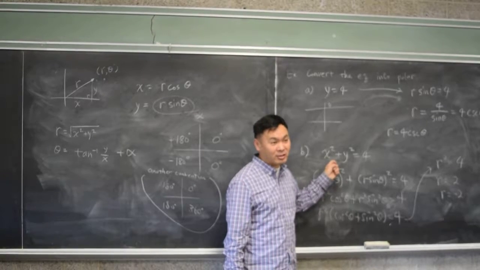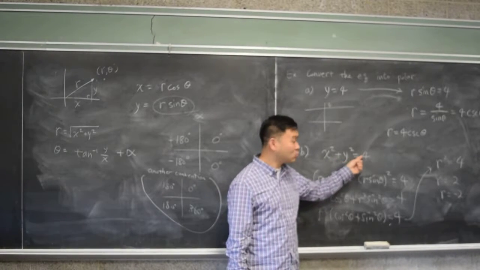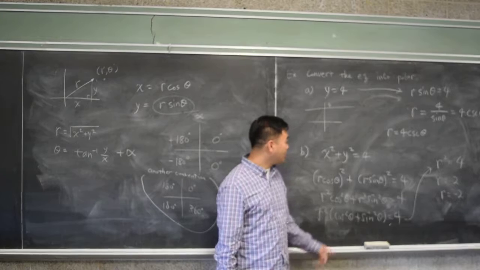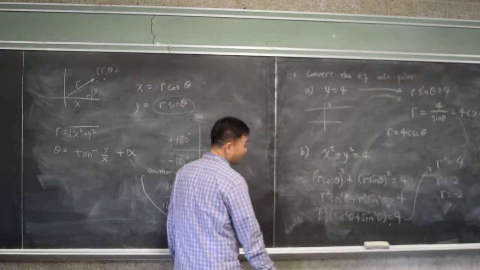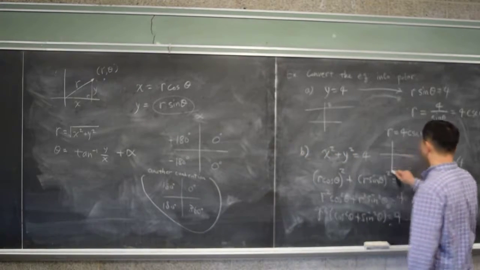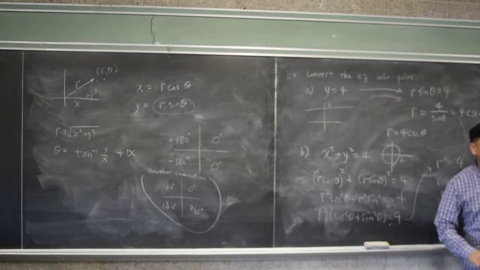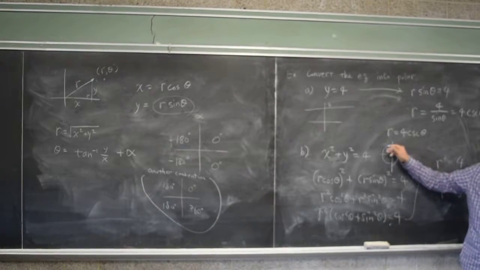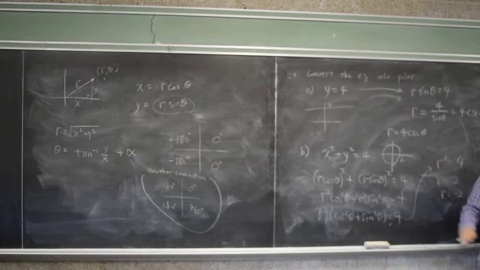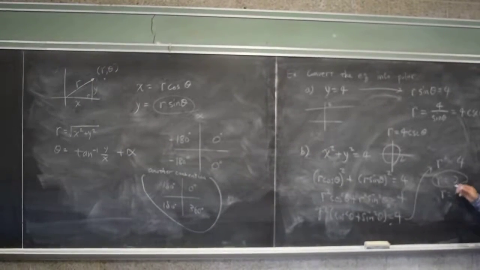It's a circle of radius 2, because 2 squared is 4, right? So this represents the graph of a circle with radius 2. Now think about all the points on this circle. What's the distance from the origin? 2. So if you just set r equal to 2, what are you going to get? All the points that are 2 away from the origin, so you're going to get the circle. Isn't that right? So just this is enough.